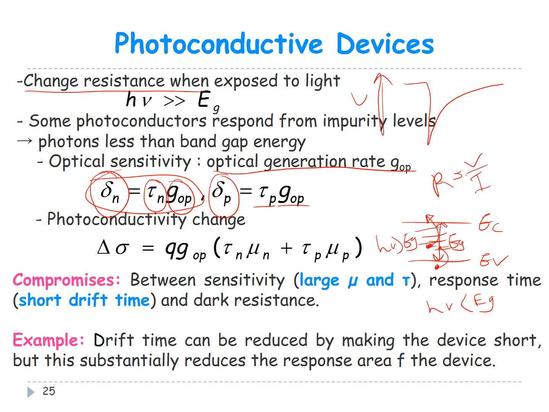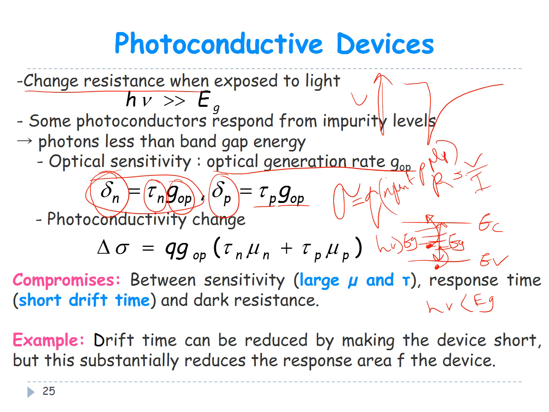So the photoconductivity change, the increase in the photoconductivity, is equal to Q. Remember, your sigma is equal to Q times (n mu n plus p mu p).